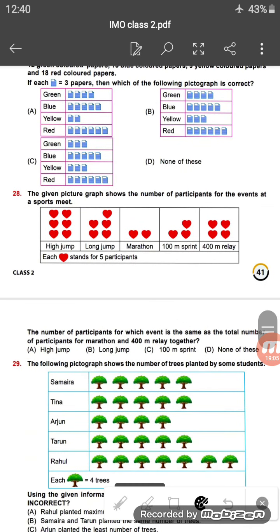Next one, the given picture graph shows the number of participants for events at a sports meet.